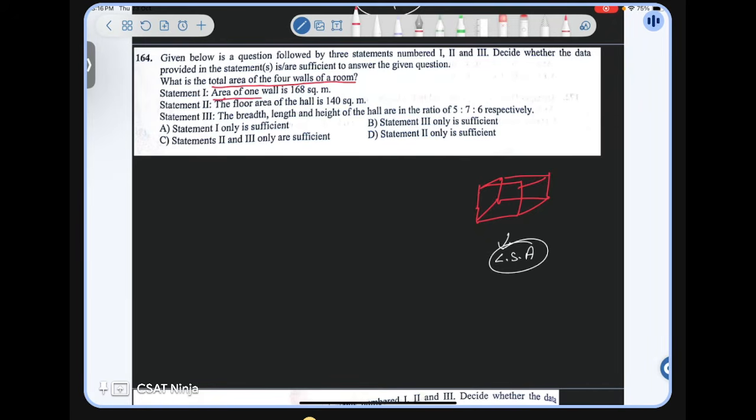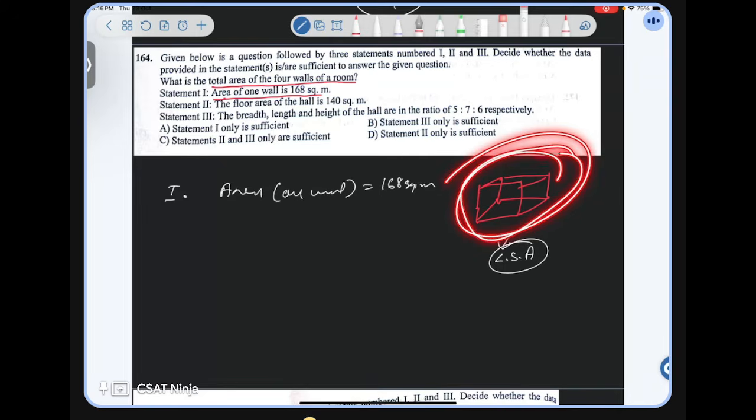What is given? Statement number one is the area of one wall, given as 168 square meter. I can directly say that statement number one is not sufficient, because I don't know whether this room is in a cube shape or a cuboid shape.